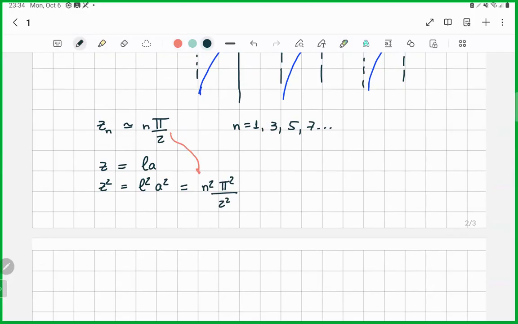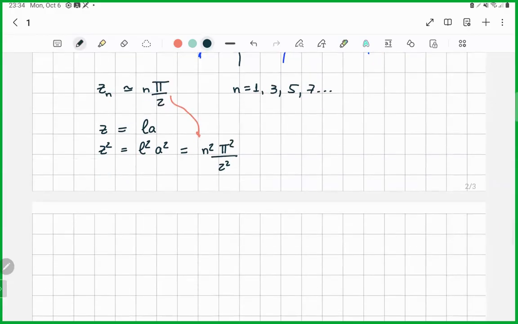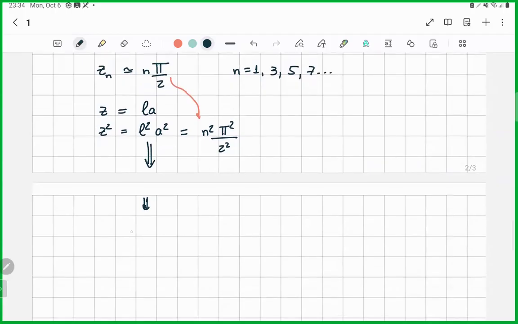Well, and what is L squared? L squared is 2m times E plus V naught over h bar squared, equal to N squared pi squared over 2 squared.